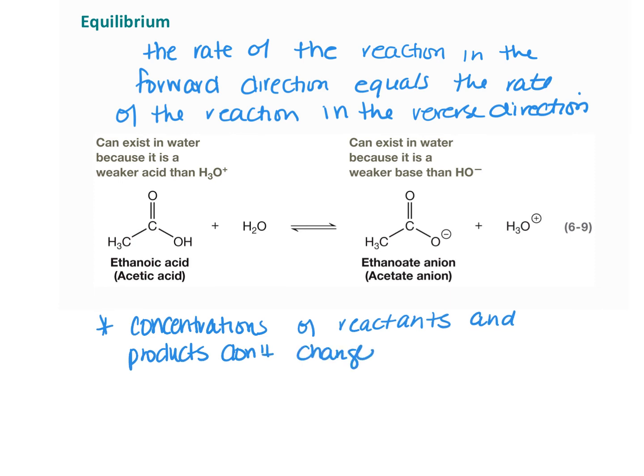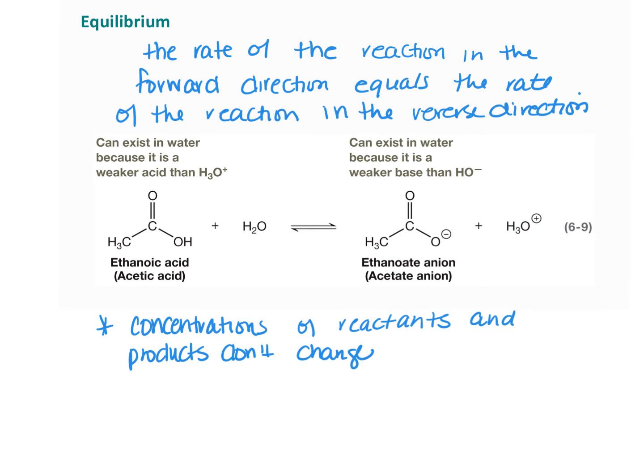So here is an example of a weak acid-base pair. We have ethanoic acid here. This is also known as acetic acid or vinegar, and this is its conjugate base. It's an ethanoate anion, which is also called an acetate anion. And so both of these are present in solution because it's a weak acid-base pair.